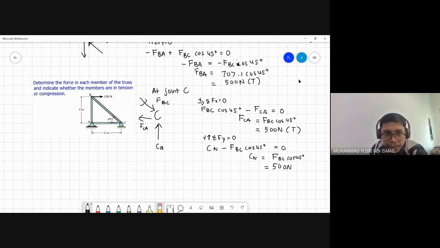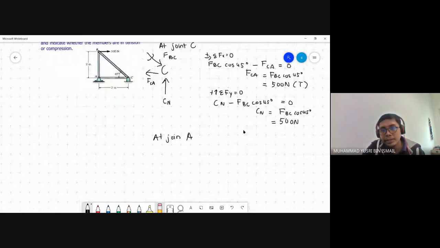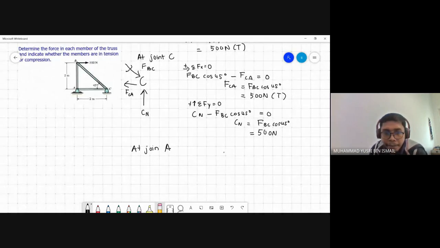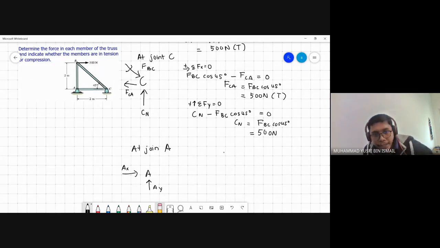Okay, for the support reaction forces at joint A. At joint A, I assume this is AX, and then AY, and then BA is a tension.